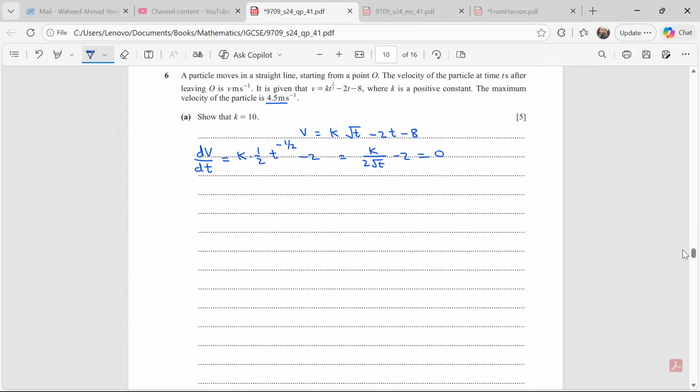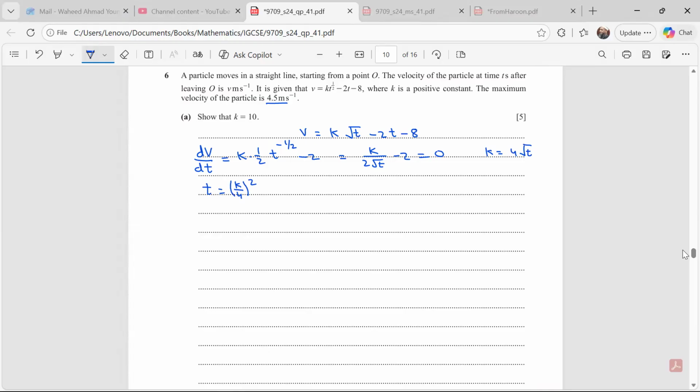From here you can see that k is equal to 2 times 2, which is 4 under the root t, right? Or square root of t is equal to k over 4, and its square: t is equal to k square over 16. Yes.